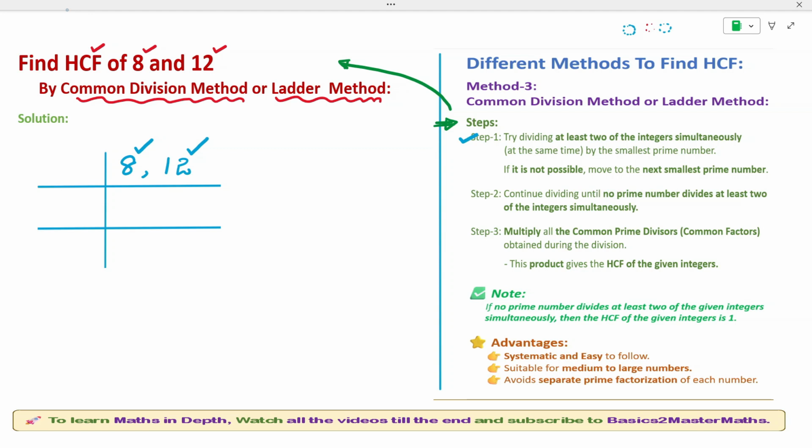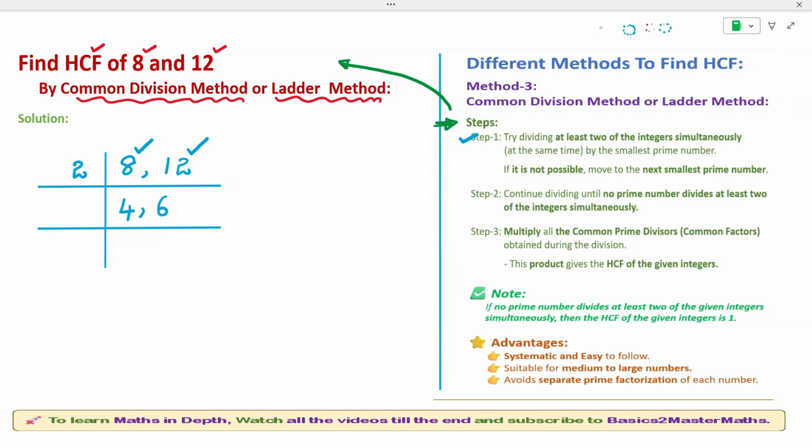Start dividing 8 and 12 by the smallest prime 2. Since 2 divides both 8 and 12 exactly at the same time, we get 4 and 6.